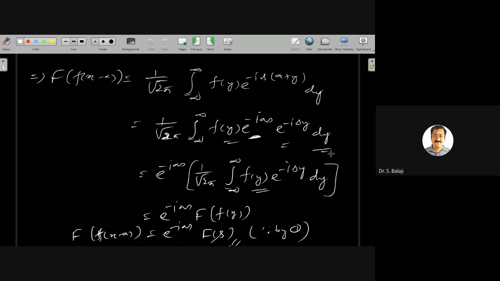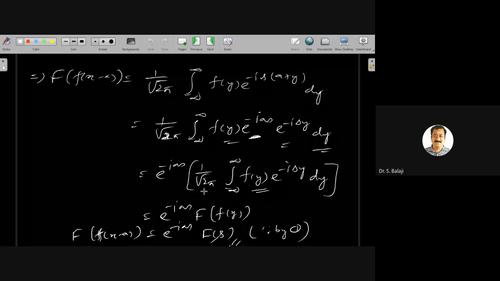As usual, integration is with respect to y. The term e power minus ias does not involve y, so take it outside. The remaining thing is 1 by root of 2 pi integral from minus infinity to infinity of f of y e power minus isy dy.